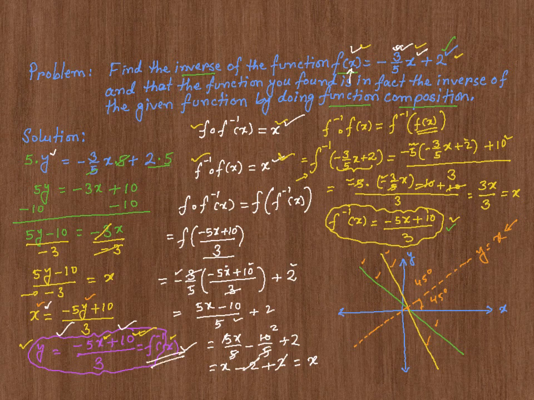Then once we find this function, we need to do function composition in both directions, and in both directions we should get x to ensure that the function we got is in fact the inverse, which we do here. Now finally, if two functions are inverses of each other, they are mirror images of each other, or reflections of each other, about the line y is equal to x.